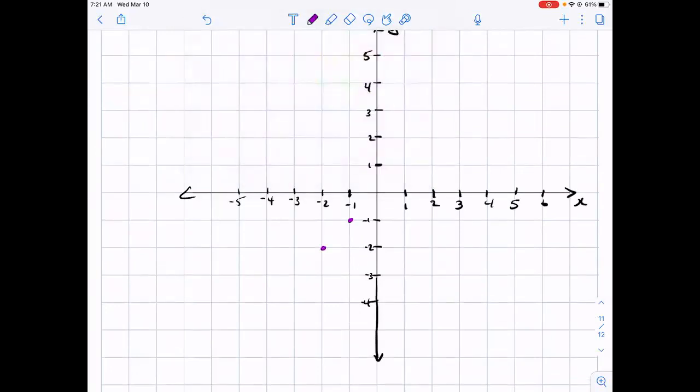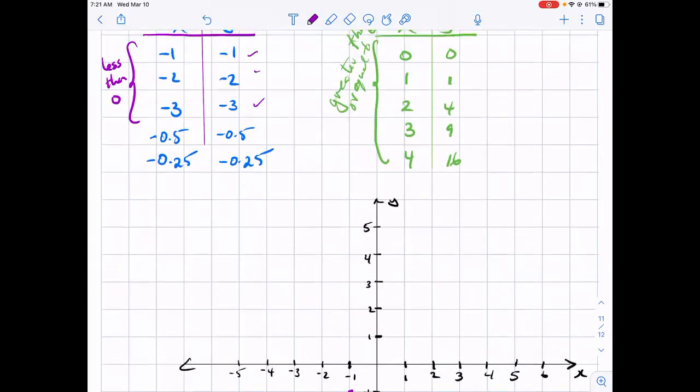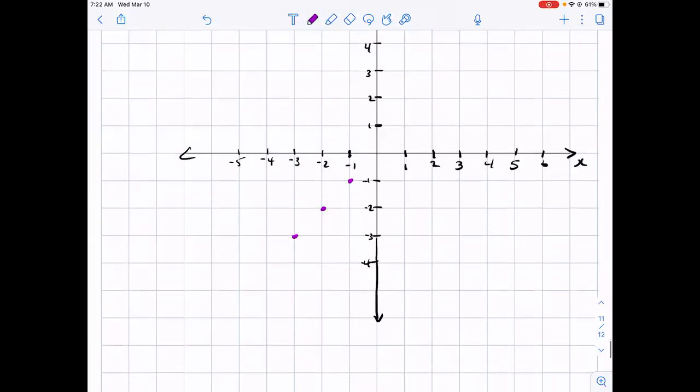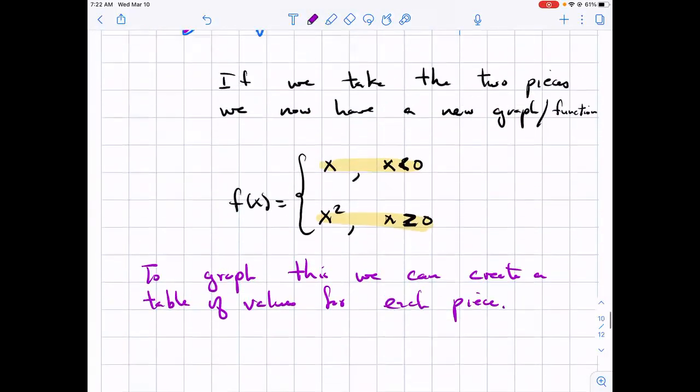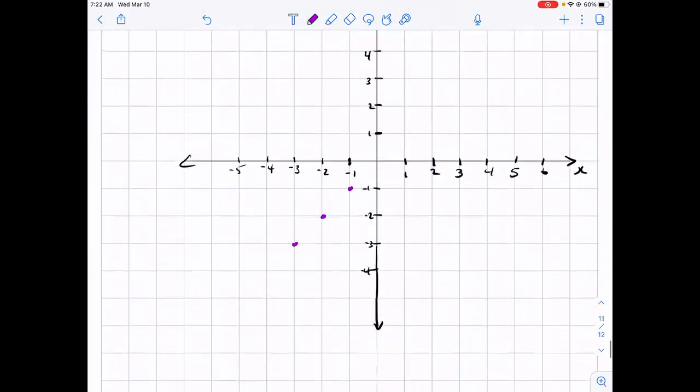At -2, it's -2. At -3, it's -3. These are the points that I'm plotting. So if I connect them, now remember, 0 is not included here. So we put a hole at 0, and my graph now goes this way. That's my graph.